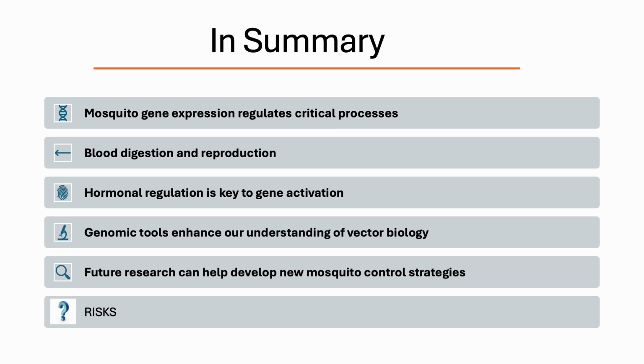And then the genomic techniques that are commonly used, and how future research is very important and can help us control many mosquito control strategies like we have gone over throughout class.